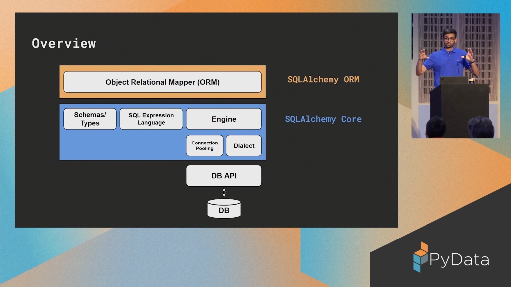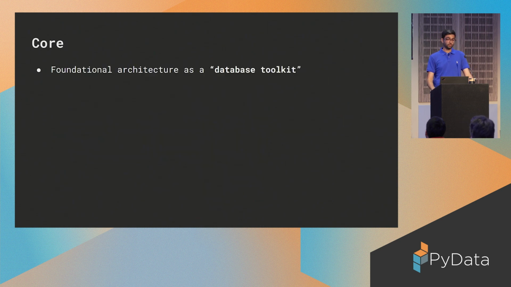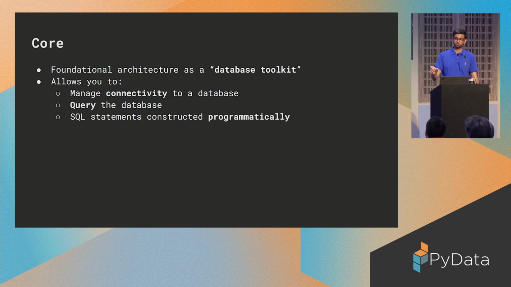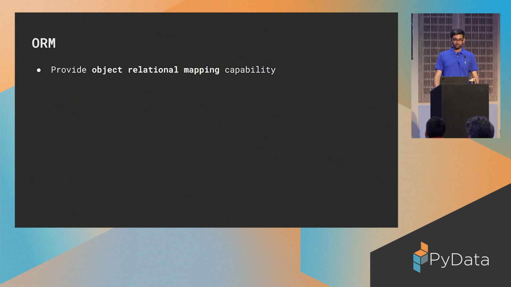And on top of all this, the ORM builds upon a domain-centric view of the database, and we can interact with the database in an object-oriented manner. The core is like a foundational architecture which will act as a database toolkit, and this will allow you to connect to a database, build your queries, and even insert some data, and the SQL statements would be constructed programmatically. The ORM will now provide object relational mapping capability.